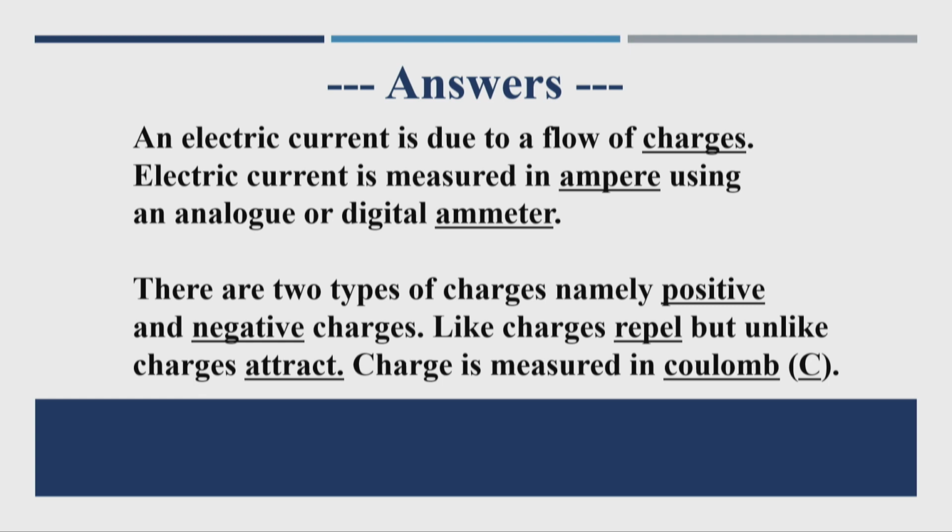An electric current is due to a flow of charges. Electric current is measured in ampere using an analog or digital ammeter. There are two types of charges, namely positive and negative charges. Like charges repel, but unlike charges attract. Charge is measured in Coulomb.